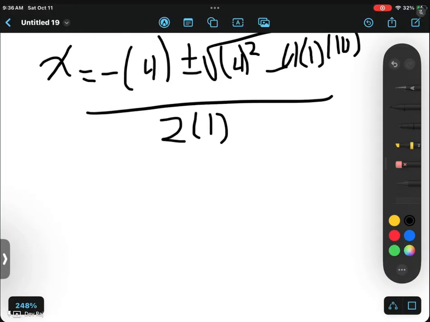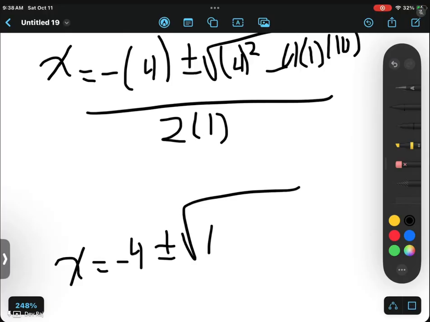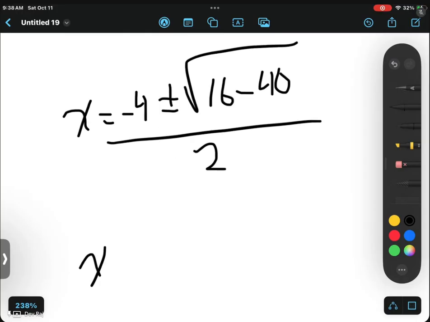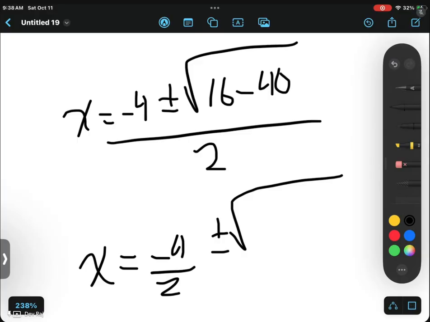So now let's condense this. Negative times 4 is just negative 4, plus minus the square root of 16 minus negative 4 times 10, which is negative 40, all over 2. Then x equals negative 4 over 2, plus minus the square root of 16 minus 40.